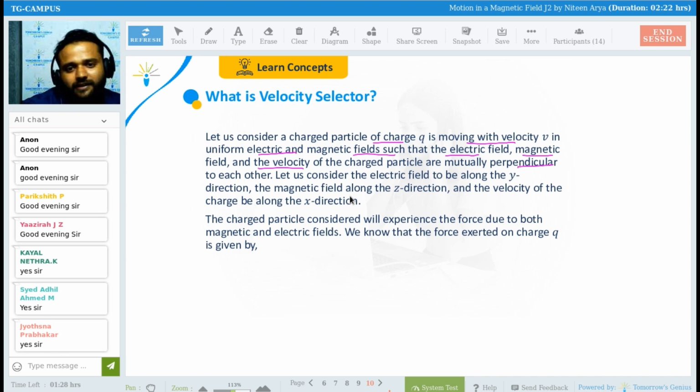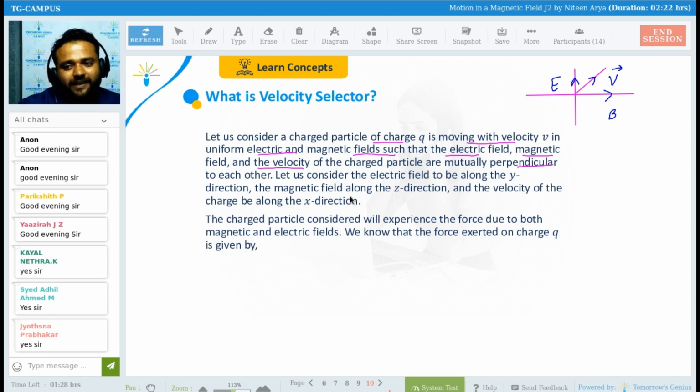What is the meaning of saying that diagrammatically? This is one direction, this is another direction, this is the third direction. In this direction, suppose you have a magnetic field, in this direction a velocity, and in this direction an electric field. All are mutually perpendicular.